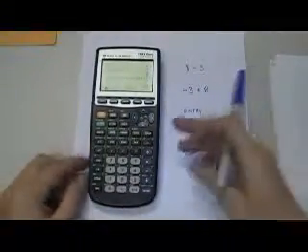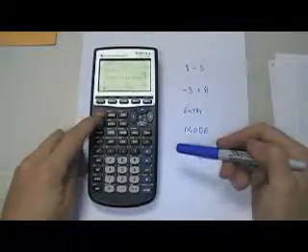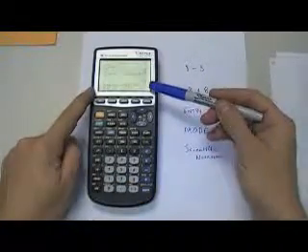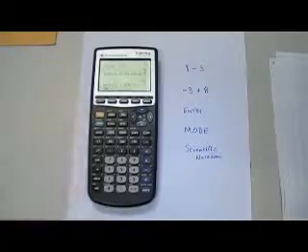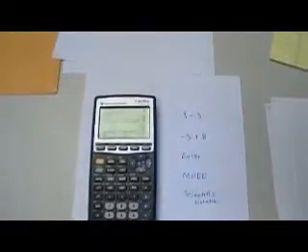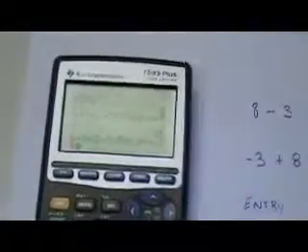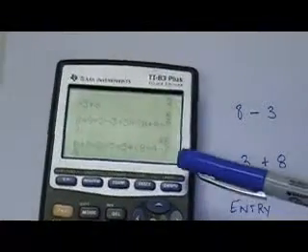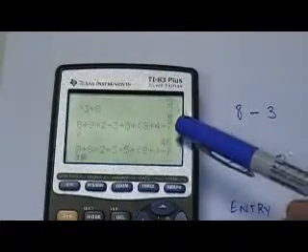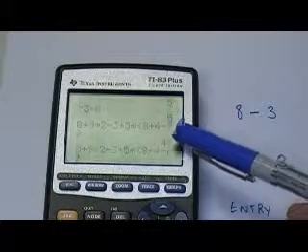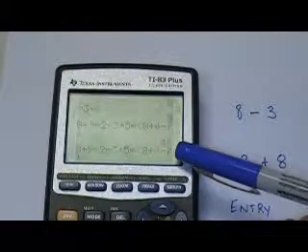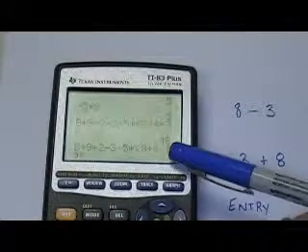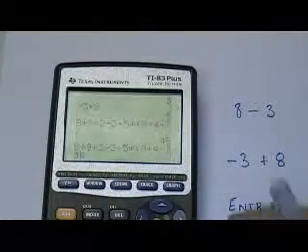So what we're going to do is press second and then entry. And you see that my entire expression, I'm going to zoom in again, my entire expression actually comes back up on the screen just like it did before. The entry key brings up the last thing that you typed on the screen.